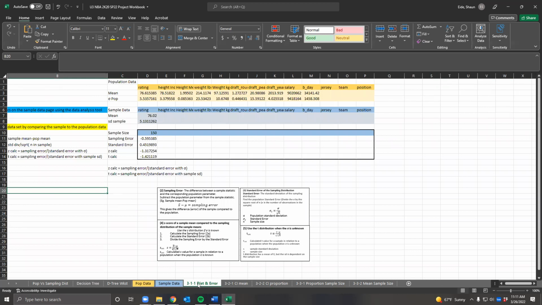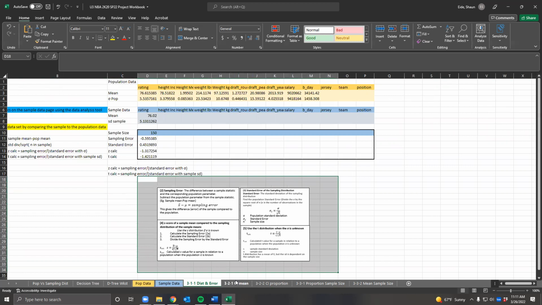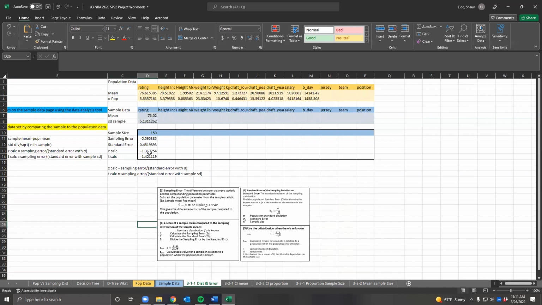So now that brings us to our 3-1-1 distant error. For all of these workbooks, I have how to calculate everything down below. But for this in particular, you need to start with 3-1-1 and calculate all the sample mean and the sample standard deviation, and all of this information about each individual category.